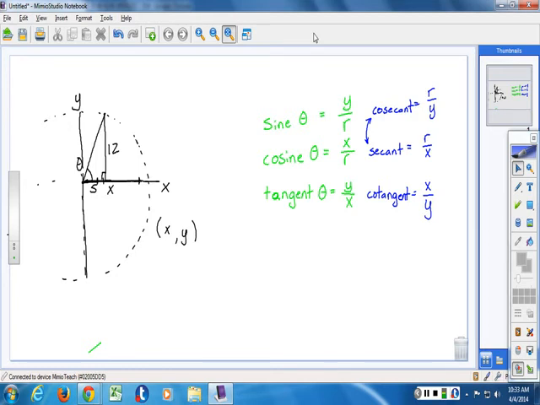Well, let's turn that into r, x, and y, just so that it stays familiar. R squared equals x squared plus y squared. That way we know exactly what numbers to pull in. And what does r end up being? Once we square the other two, we add them, then take the square root. R equals 13.